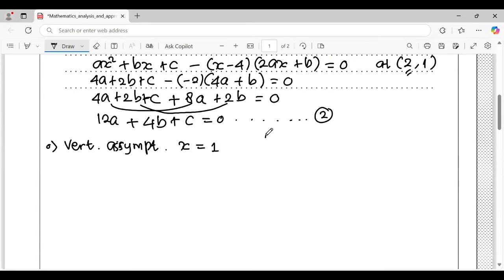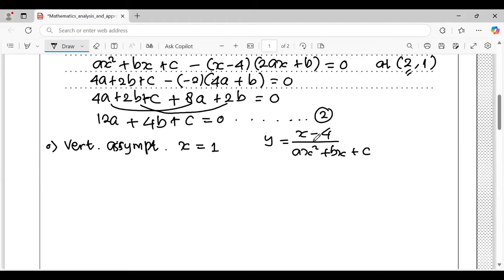So if y equals x minus 4 over ax squared plus bx plus c, this is the rational function.